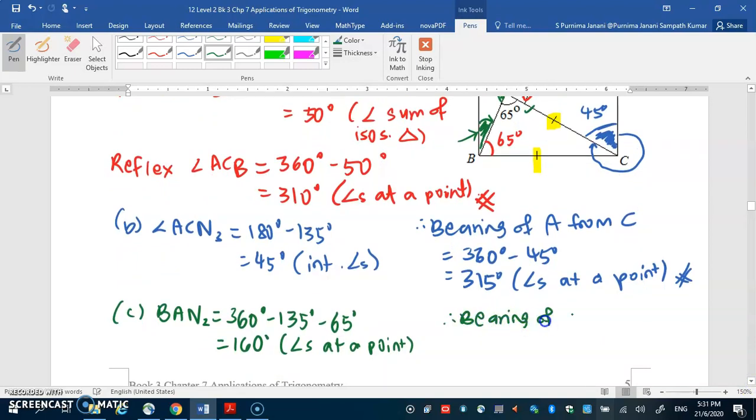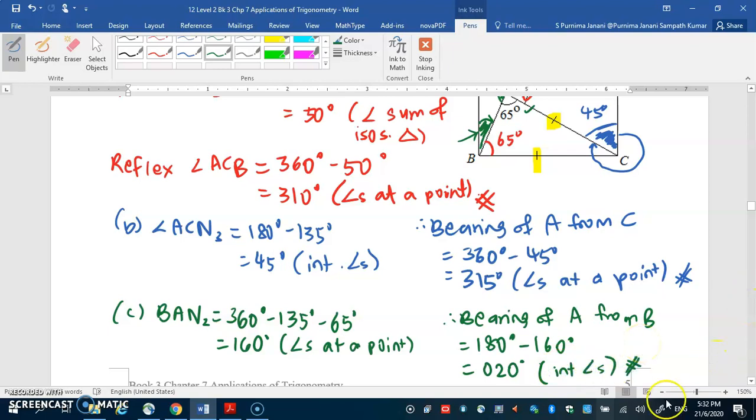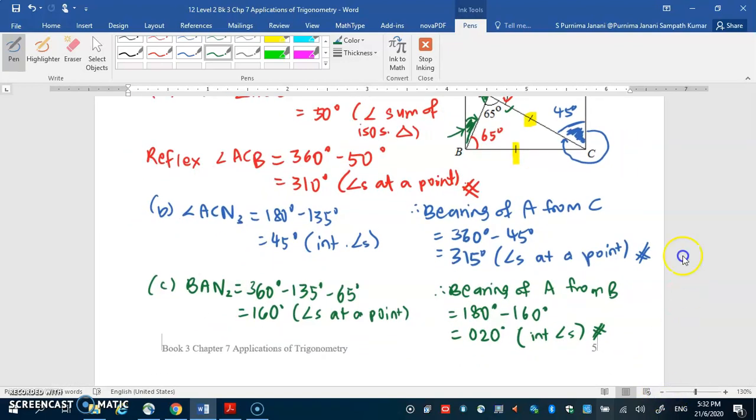Now remember, it's bearing, so I cannot just write 20. I must write 020 degrees. Okay, and the reason is interior angles. Nice. So this is how your whole question looks like.